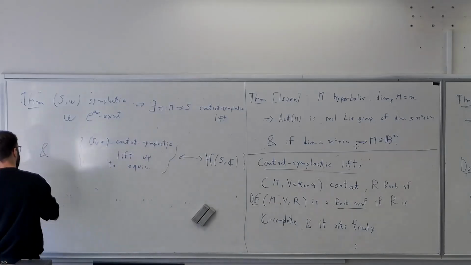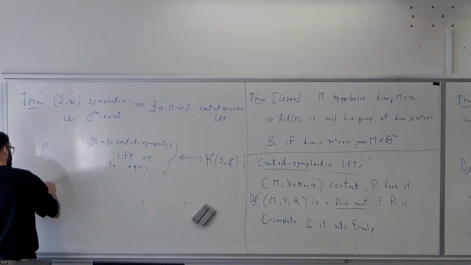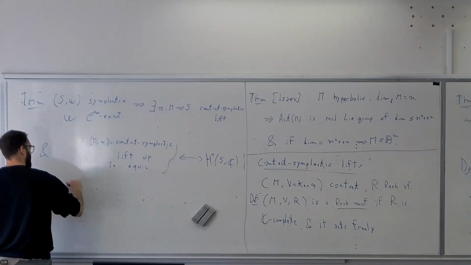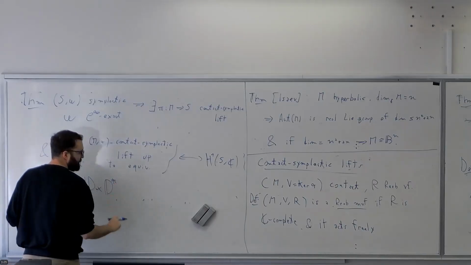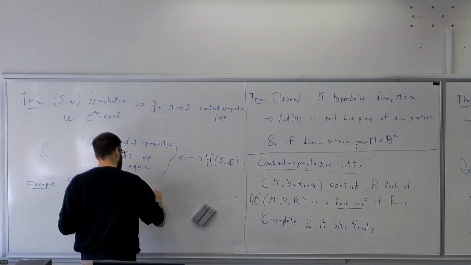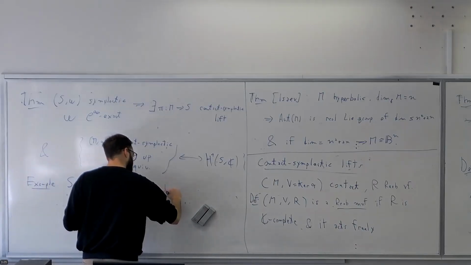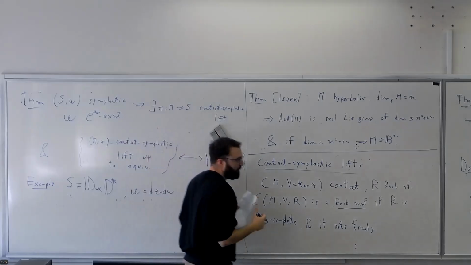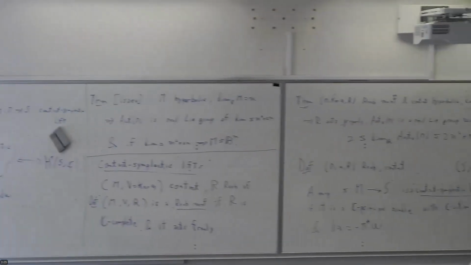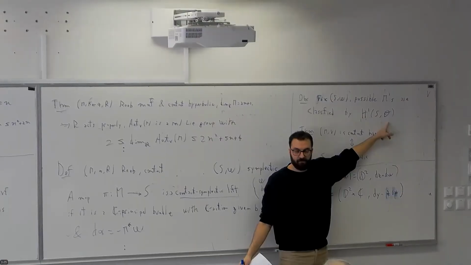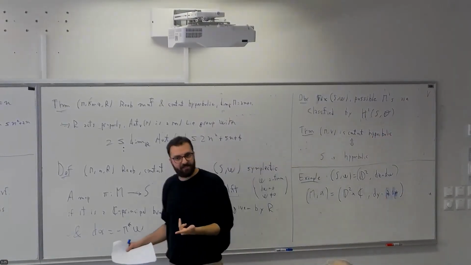So now it's, I think, the perfect time for this other example, where S is D times D star, and for omega we take the standard form. This is a nice example because H1(S, O) is 0, because it is a Stein manifold, but H1(S, C) is non-zero.